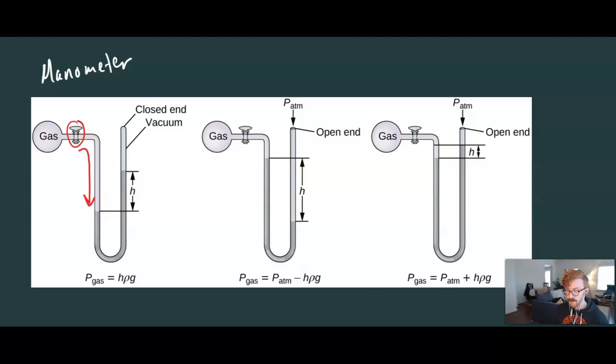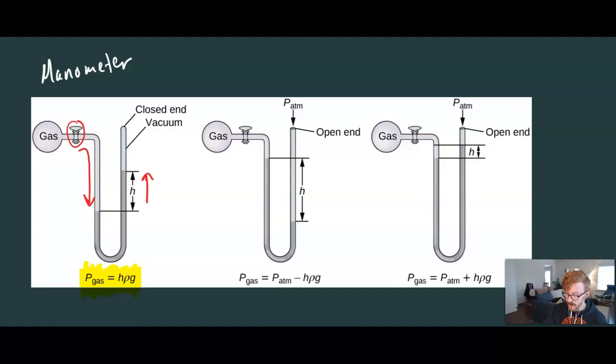There's a greater pressure on this side of the manometer, and that will cause a vertical displacement on the other side of this inverted tube. Since this is a closed system, we don't have to account for the atmospheric pressure in our calculations. The pressure of the gas is going to be equal to the height times density times the acceleration due to gravity. So that vertical displacement is directly proportional to the pressure of our gas sample. We'll look at one practice problem in a second that deals with that.